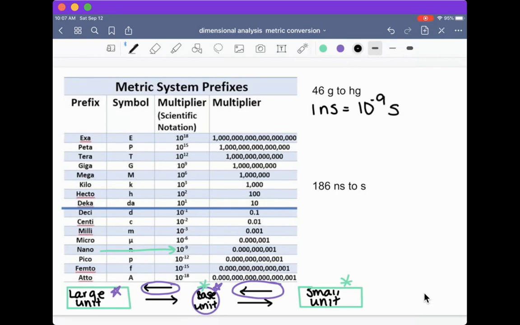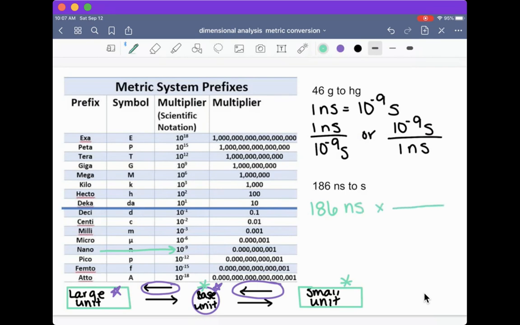Okay, so there we are. All right, so what does that mean? That means that we can write this as 1 nanosecond over 10 to the negative 9 seconds, or we could do the inverse, 10 to the negative 9 seconds over 1 nanosecond. So we can use either one of those depending on our given information. Our given information is 186 nanoseconds, so when we set up our fraction, we want nanoseconds in the denominator.